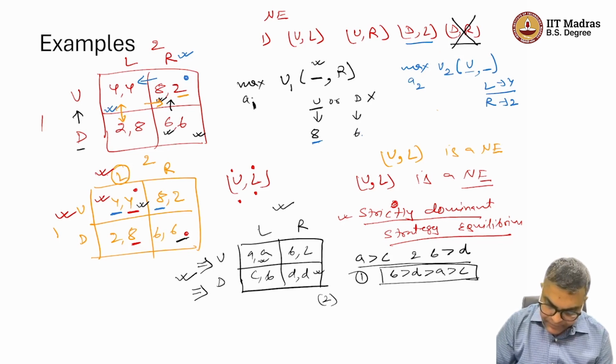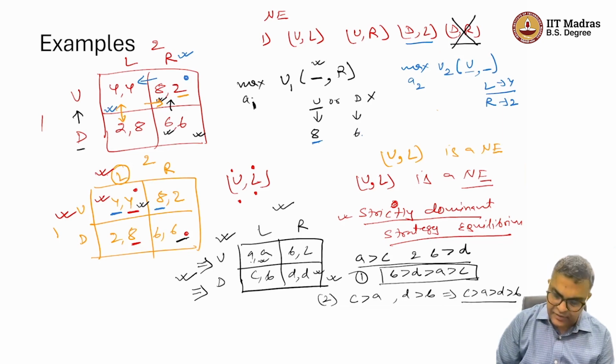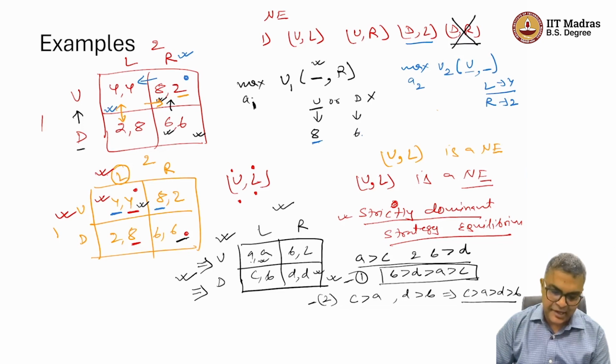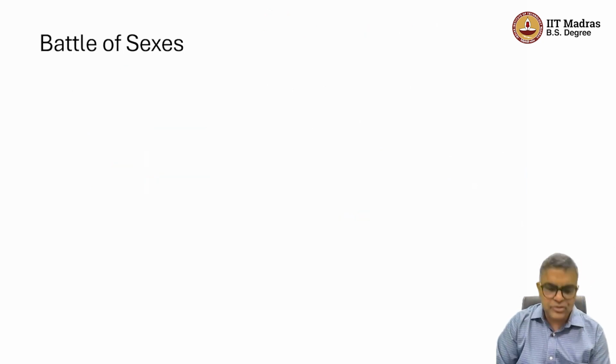If C is greater than A and D is greater than B. Of course, this is what they are going to play, but in that case A has to be better than D. So, this will lead to C is greater than A is greater than D is greater than B. So, this kind of setting, with either of these two requirements fulfilled, will give you prisoner's dilemma.